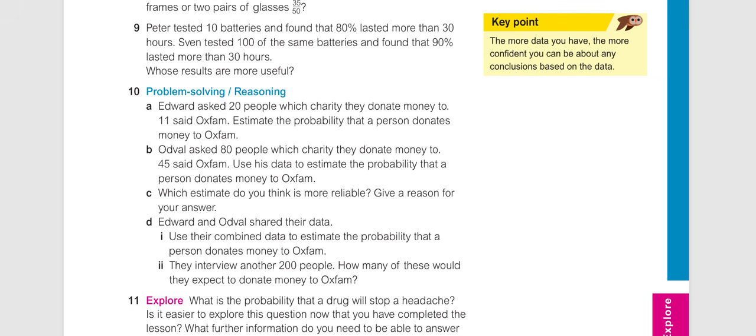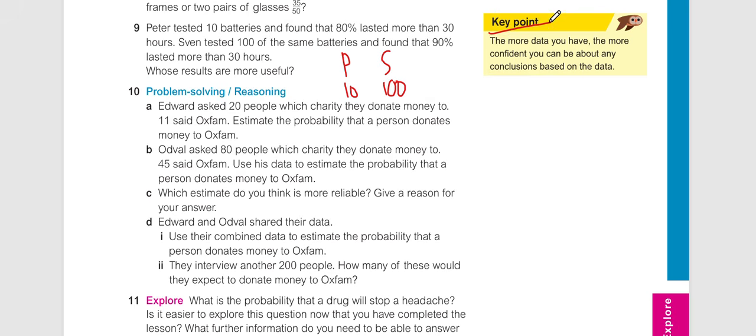Okay, so question 9. Peter tested 10 batteries and found that 80% lasted more than 30 hours. Sven tested 100 of the same batteries and found out that 90% lasted more than 30 hours. Whose results are more useful? Peter tested only 10 batteries, but Sven tested 100 batteries of the same kind.